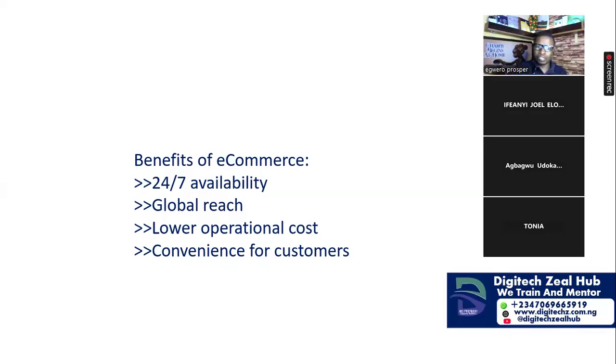Now, convenience for customers. Customers do not have to leave their home to come to your shop. You must have heard of somebody going to the market and having some casualty that led to disaster. But with this, right from your house, you place an order and then the product will be sent to you. So you can say a lot of convenience.